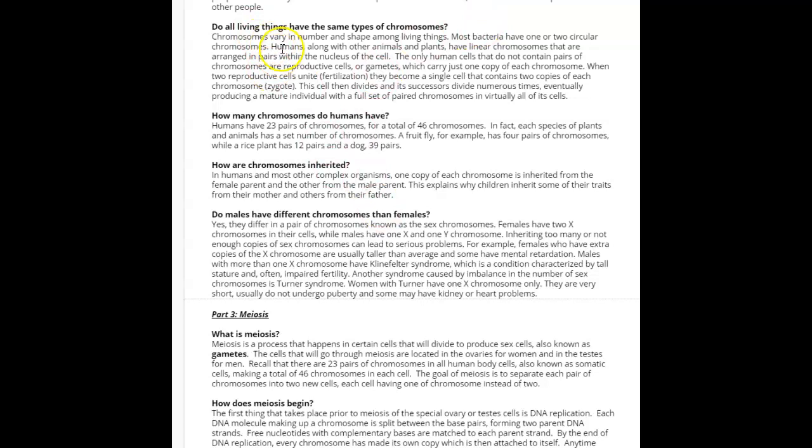Do all living things have the same types of chromosomes? Chromosomes vary in number and shape among living things. Most bacteria have 1 or 2 circular chromosomes. Humans, along with other animals and plants, have linear chromosomes that are arranged in pairs within the nucleus of the cell. The only human cells that do not contain pairs of chromosomes are reproductive cells or gametes, which carry just 1 copy of each chromosome.